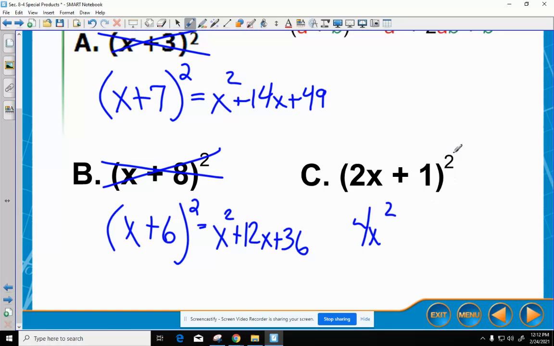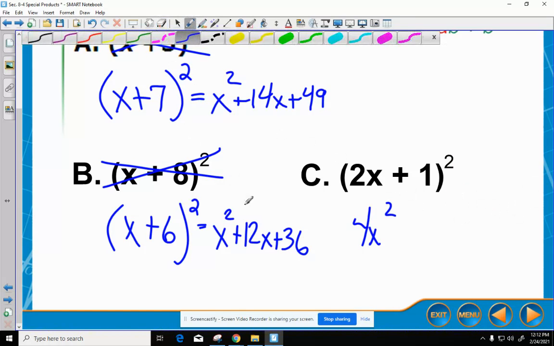If I had another one of these, and you thought about the outers and the inners, what's going together? 2x times 1, which is 2x, but then you got to have 2 of them. So this is really a 4x in the middle.